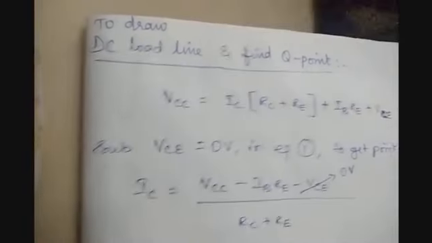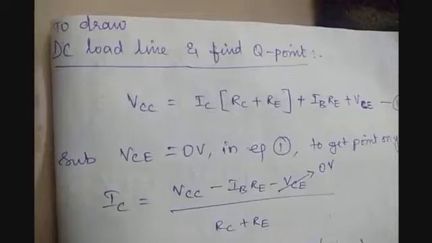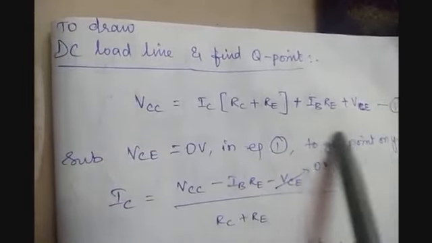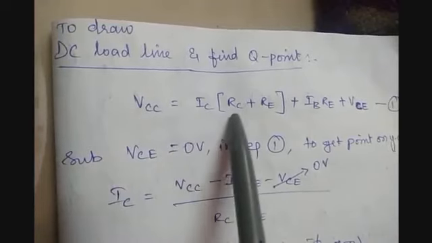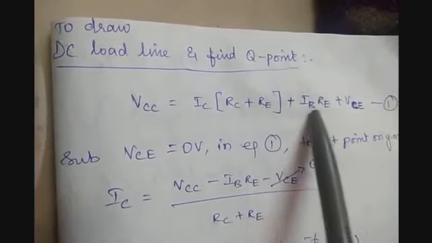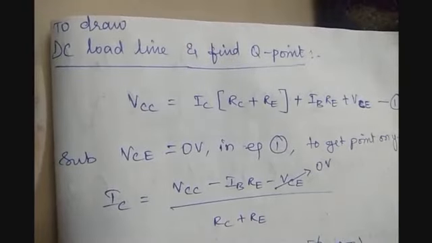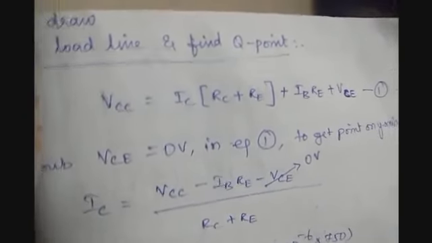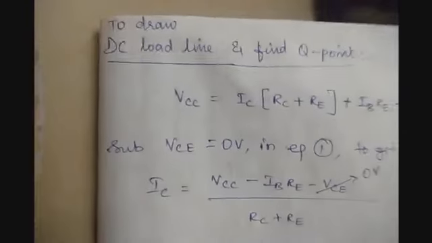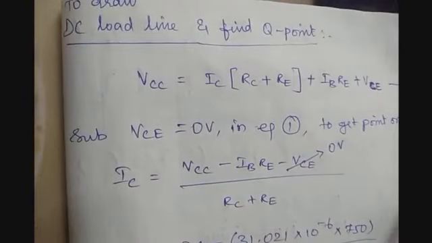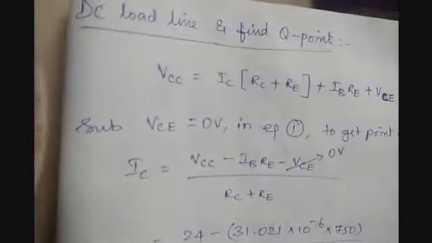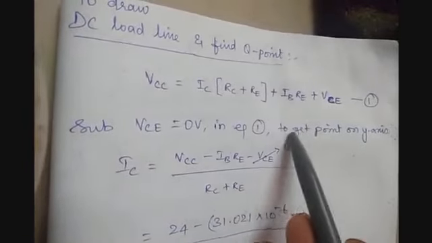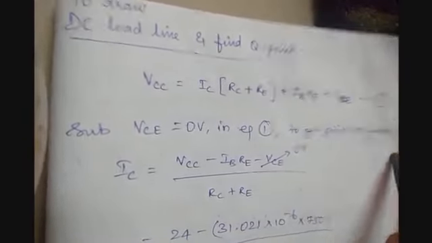To draw the DC load line and find the Q point, this is the equation for exact analysis: VCC equal to IC into (RC plus RE) plus IB RE plus VCE. Now, when I substitute VCE equal to 0 in equation 1, I will get a point on the y-axis.